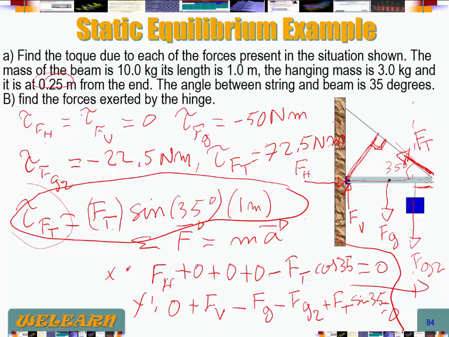Okay, I'm going to do a little more of a cleanup here. I'm going to delete the torques since we don't need them anymore. Just leave this last torque here. We solve for Ft, then we find Fh, and then we solve for Fv here.